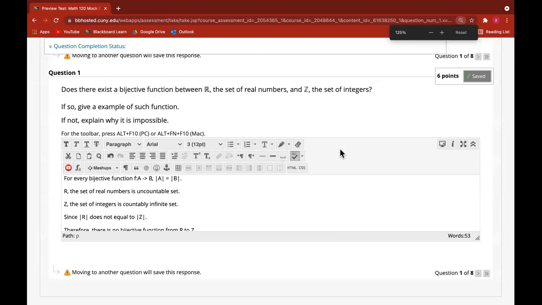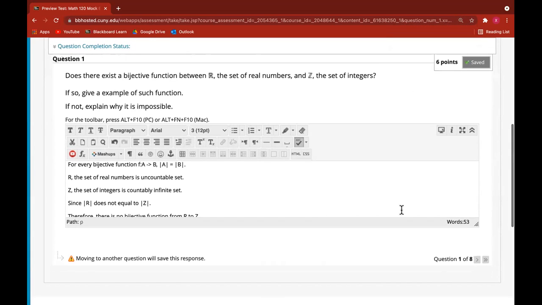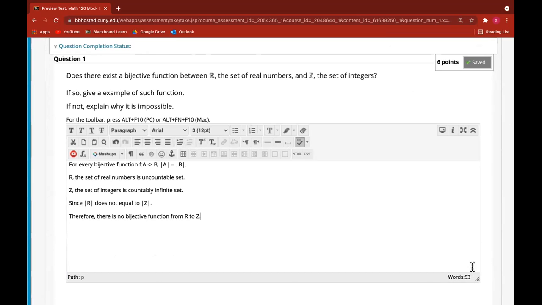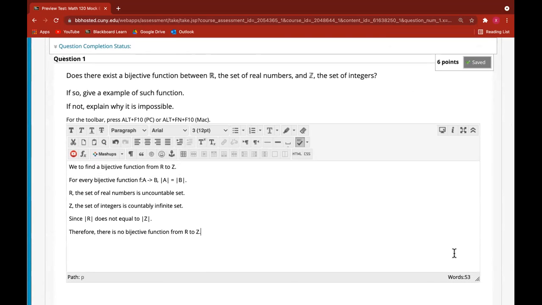Any questions here? So you need to explain that it does not exist because the cardinality of R does not equal the cardinality of Z. One is countable, one is not.